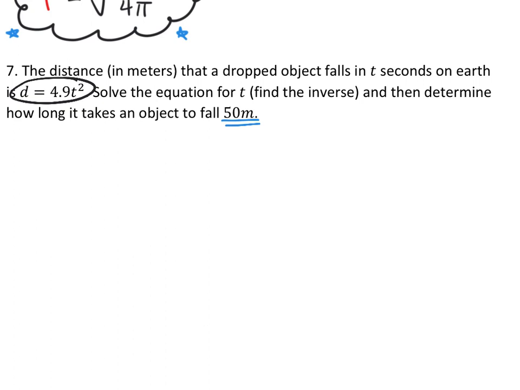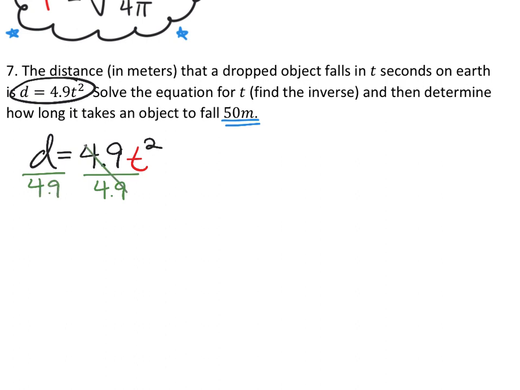I just want to derive this formula so that we have a formula that talks about not d equals, but t equals. So what do I do first to get the t squared, eventually the t, by itself? Divide by 4.9 on both sides.